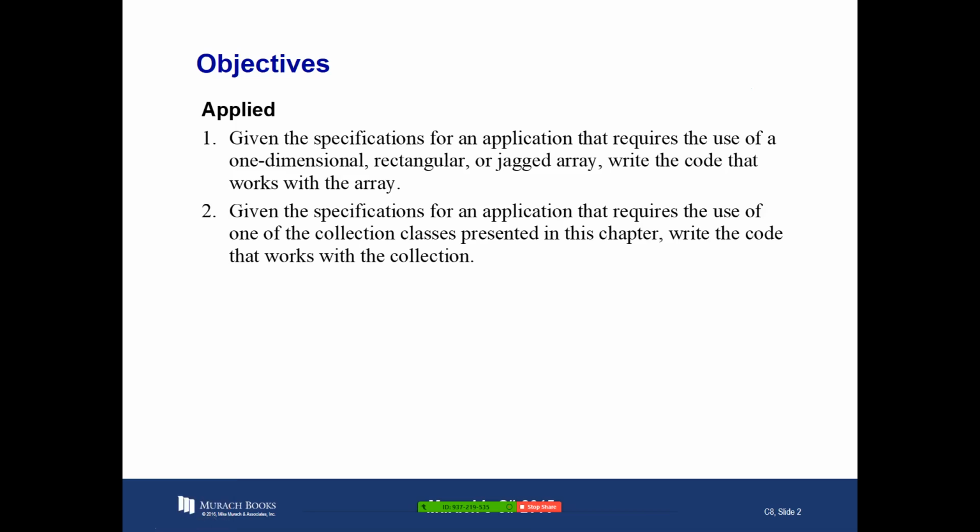So given the specifications for an application that requires the use of a one-dimensional array, an objective is we're going to be able to write code that uses a one-dimensional, or a rectangular, which is two-dimensional, or what's called a jagged array. It's like a two-dimensional array, except the second dimension can be different for each row.